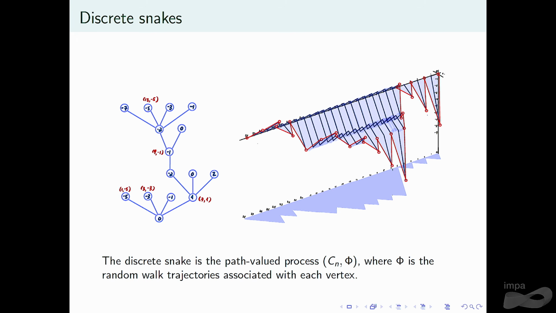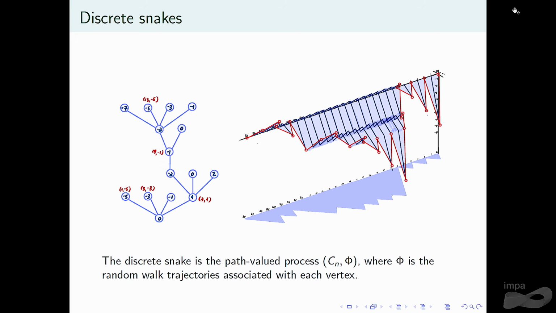Essentially, it's a path-valued process, where φ is going to be the random walk trajectories associated with each vertex. This may not be the right orientation to explain it best, but my drawing skills could only do so much. If we look at the root, it has position 0, so its trajectory is just 0. Then its first child has position -5, so the trajectory goes down by 5, and we continue exploring the tree in the same way as the contour process.